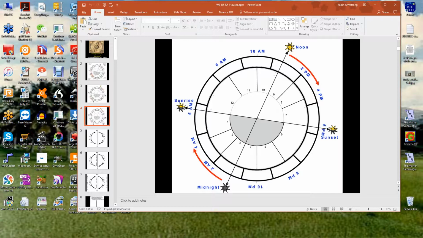It's pretty simple. The brightest time of the day is noon. The darkest time of day is midnight. And that's the beginning foundation of understanding the houses, although it will change. To understand the way the houses work, we do it by the light and the dark.